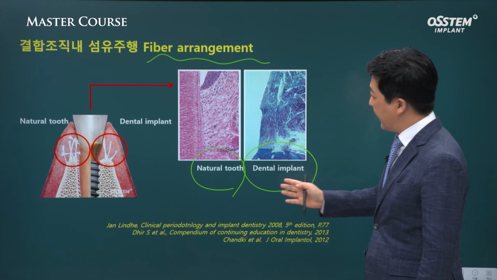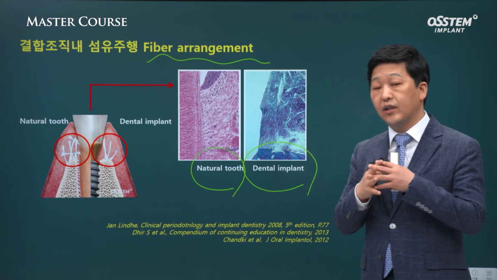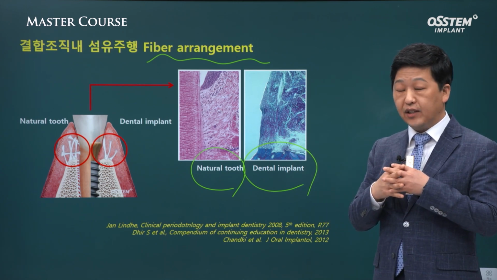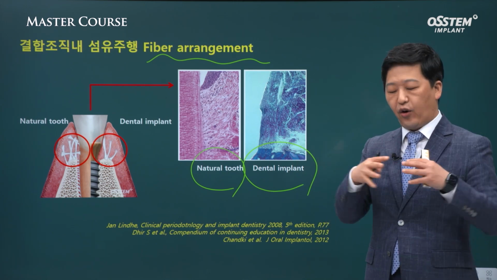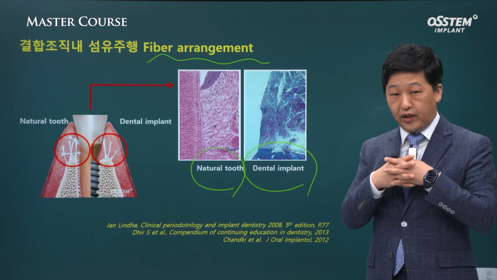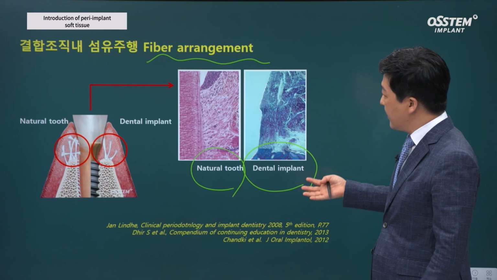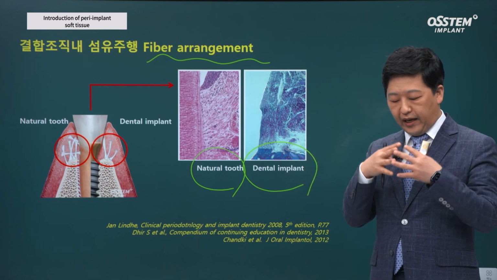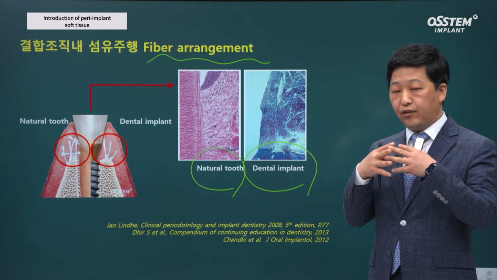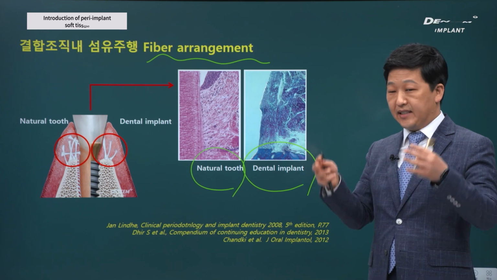However, in the case of implant, the fiber arrangement is very simple. Let's think of a net. In the case of tightly knit net, there's very little possibility of fish getting away. But if the net is loosely knit, then all the small fish will get away.